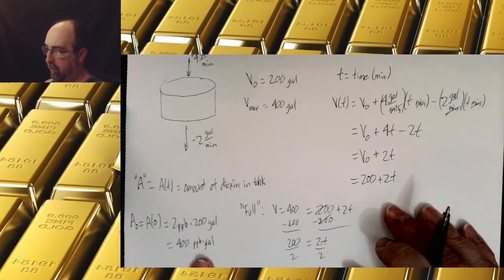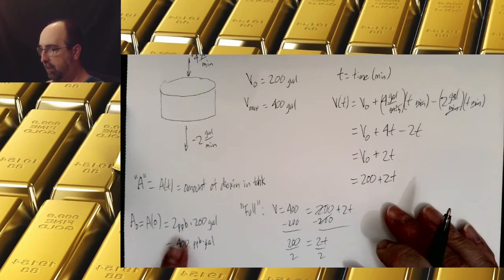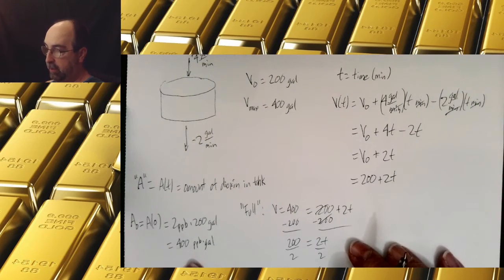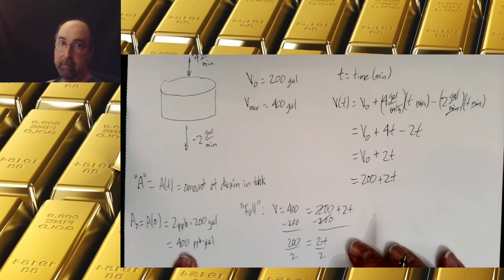So if you're having to deal with a number like this, then if you need to find the parts per billion, you'd have to divide off how many gallons were in there. Or if you knew how many parts per billion that was, you could divide that off and get how many gallons of mixture would be involved. So we're going to use this later on when we have to find unknown constants.